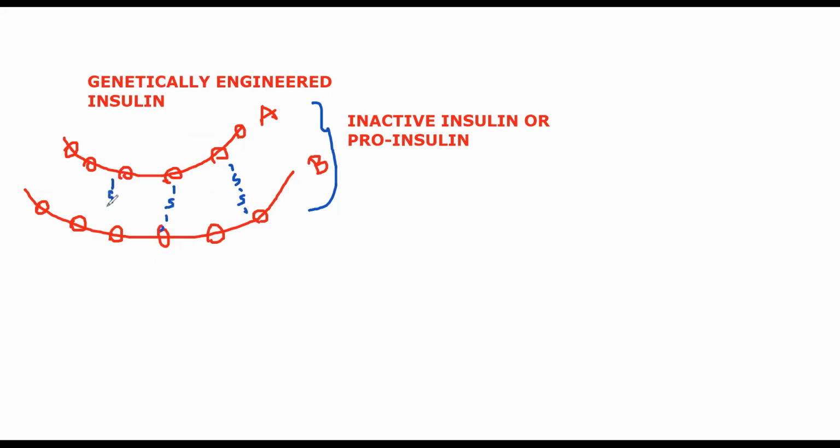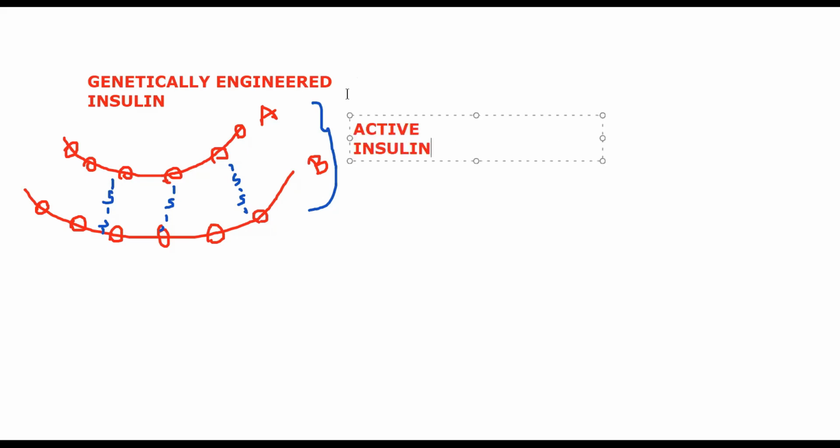Actually this is the structure of the insulin, not the genetically engineered one. So what biotechnology deals with here is, instead of creating A chain, B chain and C chain, the active insulin will have only A and B chain, not the C.